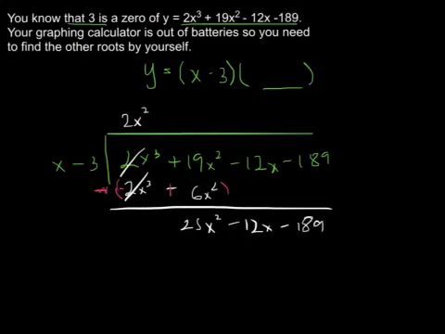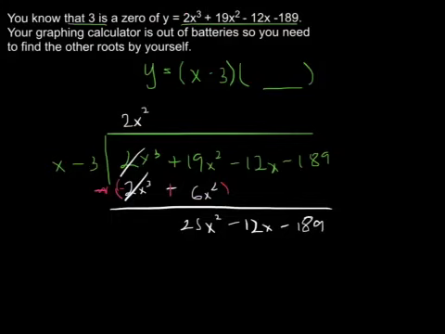And I'm going to keep on continuing. Since x times this biggest term is going to give me 2x cubed, x times the next biggest term is going to have to give me 19x squared. But realize that when negative 3 is multiplied by our 2x squared, we are going to get a 6x squared, which means we're really looking for 25x squared.